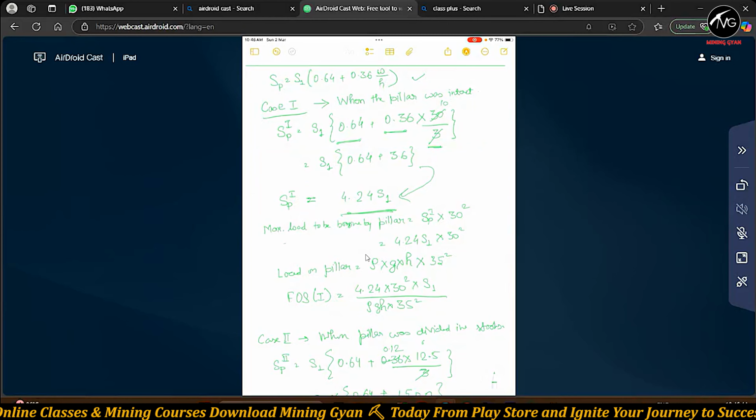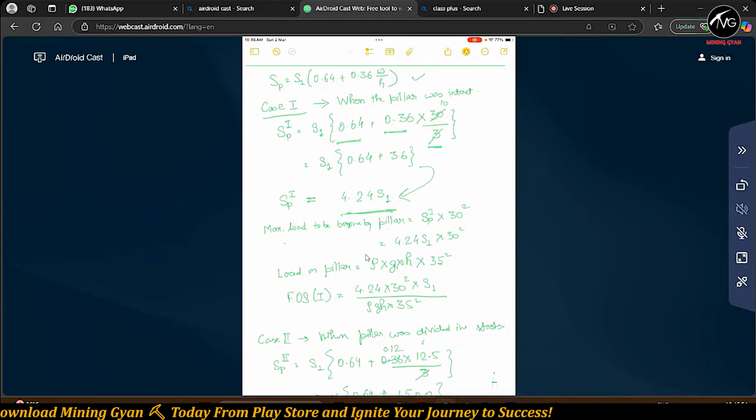Now the maximum load borne by the pillar is SP1, the strength of the pillar in the first case, into the area of the pillar, that is 30 square.